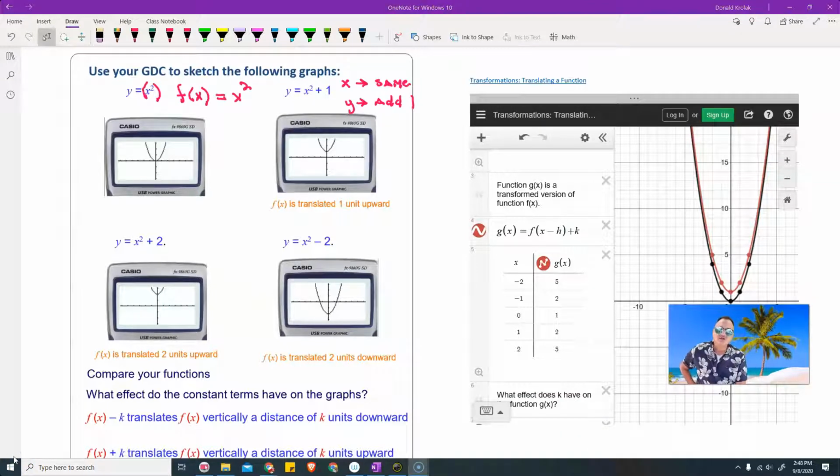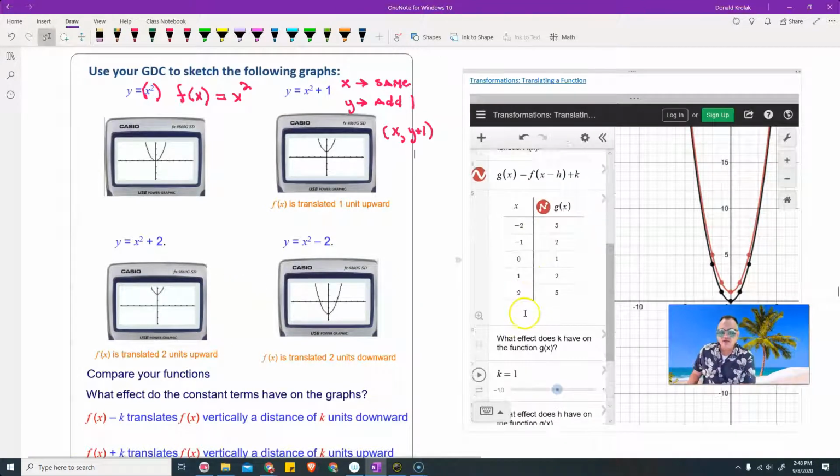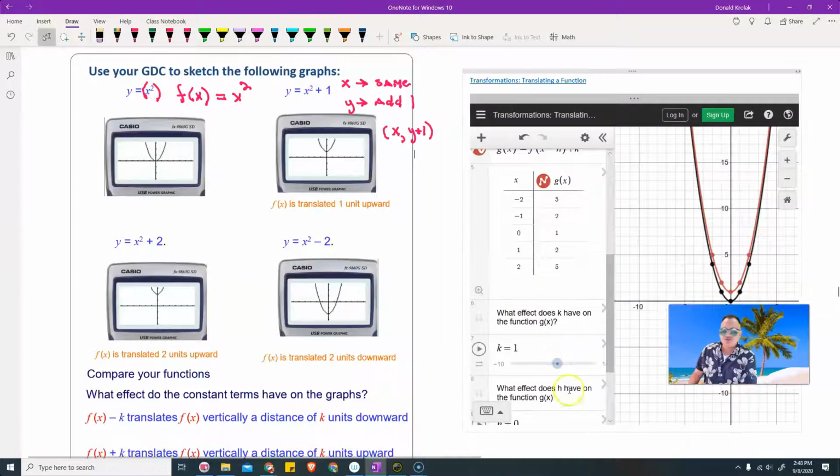So the x-coordinates stayed the same, and the y-coordinates, we added 1. So every coordinate on this graph would be what they used to be, and then you would add 1 to the y-coordinate. So we can see that if I took k and I made it plus 2, that's taking every y-coordinate and adding 2 to it.